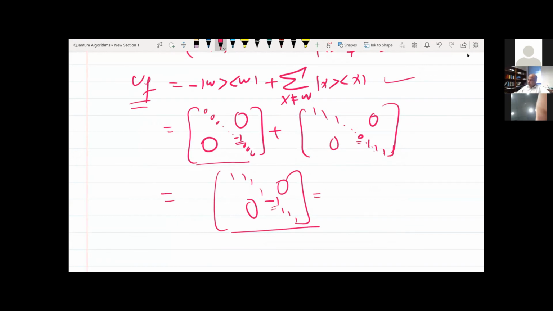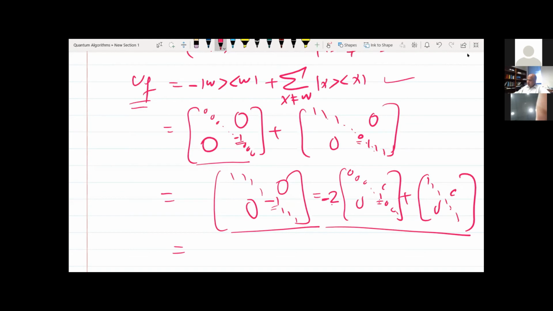And I can also write it like this, because this can be written as something like this: minus 2 times 0 0 0 1 0 0 0, plus 1 1 1 1 1, because this element times minus 2 is minus 2, and plus 1 is minus 1. So this gives me a nice way of representing it, because this is nothing but minus 2 |W><W|, and this is nothing but identity.